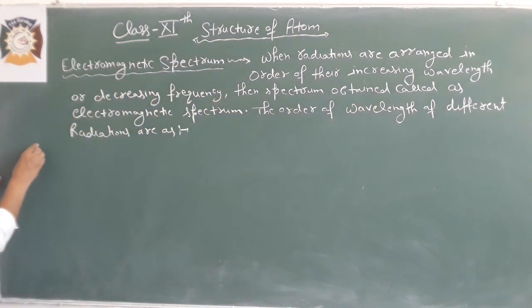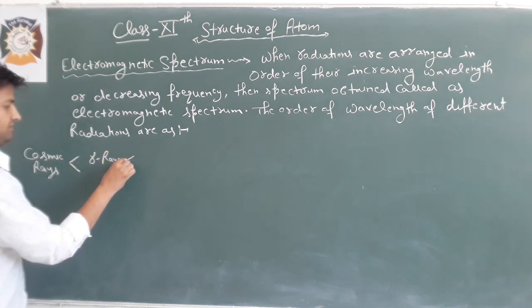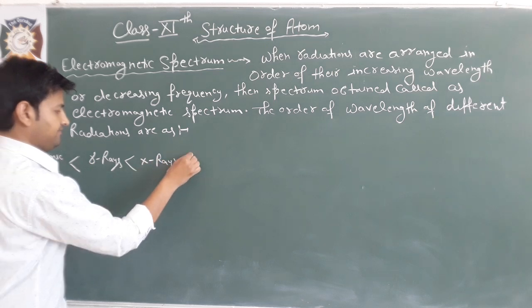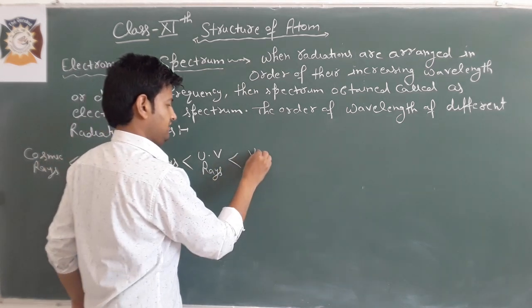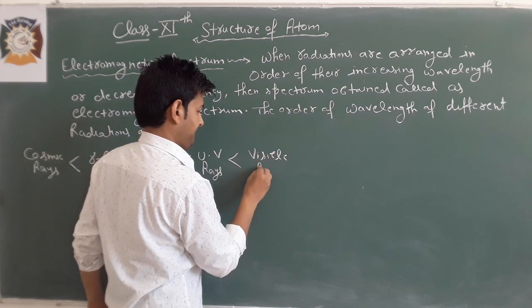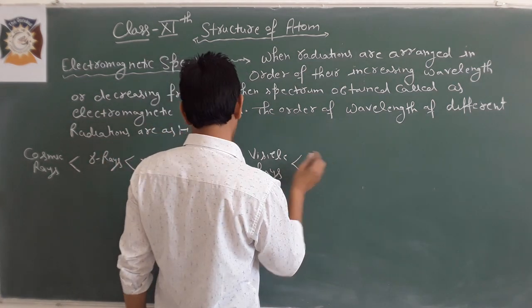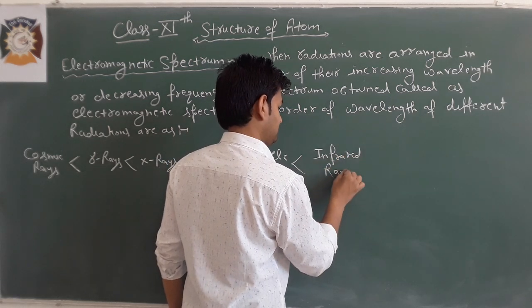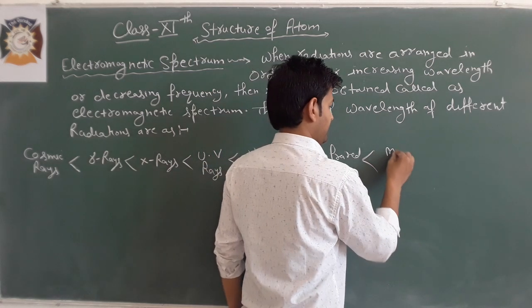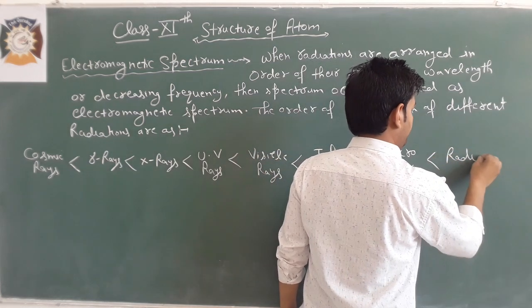So first is cosmic rays, gamma rays, X-rays, next is ultraviolet rays, visible rays, infrared rays, microwaves, and last is radio waves.